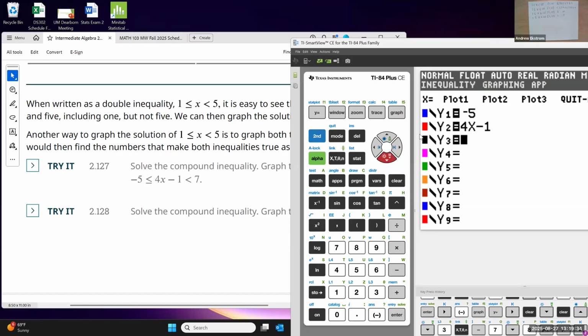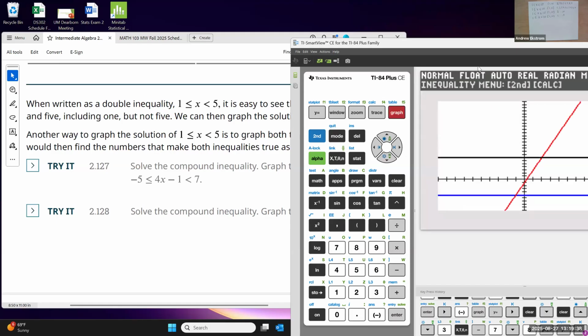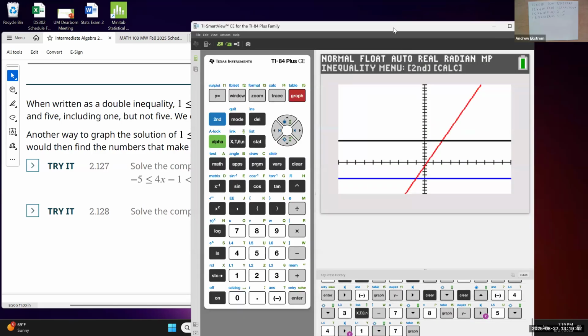The high value is going to be 7. Now I can graph that. Since we're looking at where it is above the blue line and essentially below the black line, it looks like there could be a -1 and say 1, 2. Hold on.